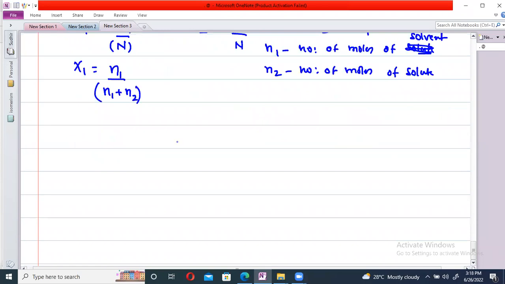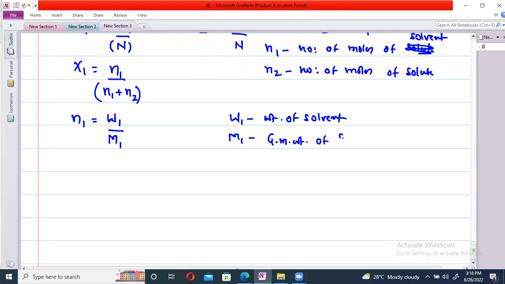Suppose they didn't give the value of N1. Then we can find N1, the number of moles of solvent, which is equal to the weight of solvent by the gram molecular weight of solvent. So W1 is the weight of solvent and M1 is the gram molecular weight of solvent.